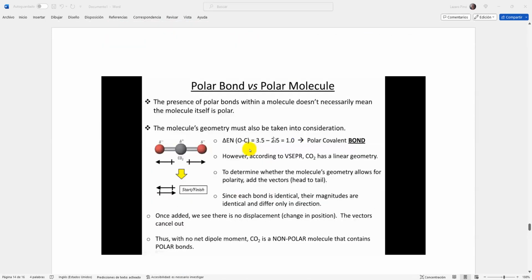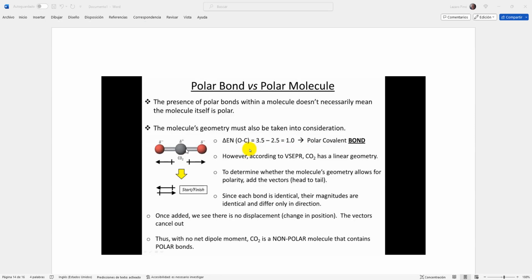In order to say that the molecule is polar or non-polar, we have to make an analysis of what we call the dipole moment.